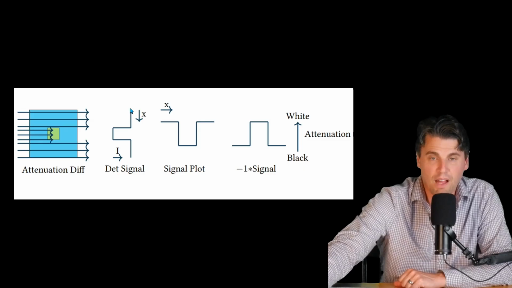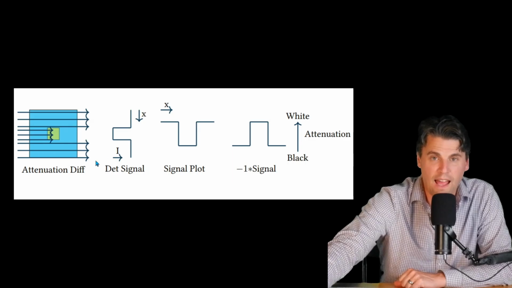There are certain areas where you're going to measure a higher intensity. Then behind the area that's of higher attenuation, you're going to measure a lower intensity because more of the X-rays are stopped. Then again, down here, you're going to measure a higher intensity.